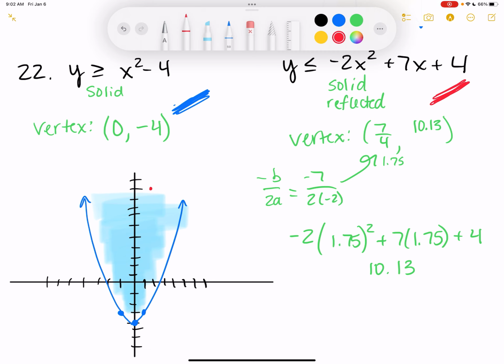So at 0, 4, I have a point, and then basically almost 2 away over here, I'm not quite at 4. You have another point. And when they're weird decimals, just get it as close as possible. You don't have to be super exact about it. This one's also solid. It was supposed to be reflected, so that's good that it did that.